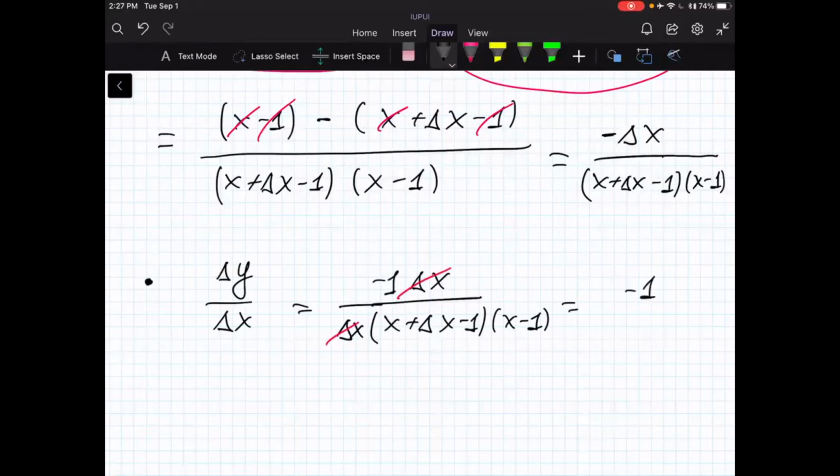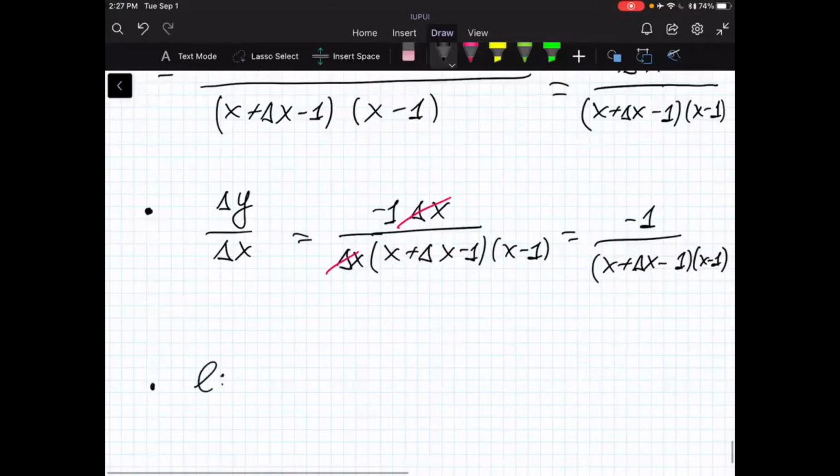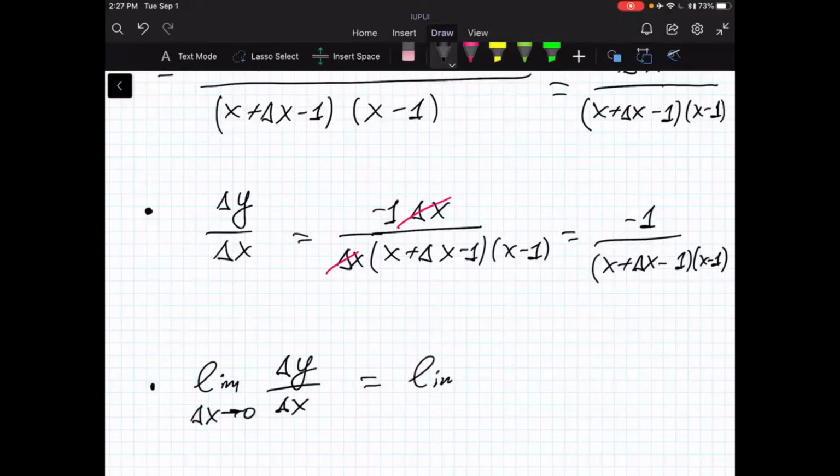So I get minus 1 over x plus delta x minus 1 times x minus 1. And the final step is this limit, which is the same as this limit, minus 1 over x plus delta x minus 1 times x minus 1.